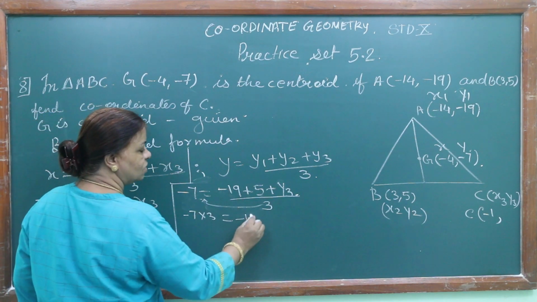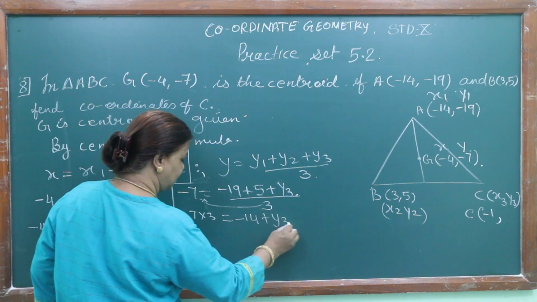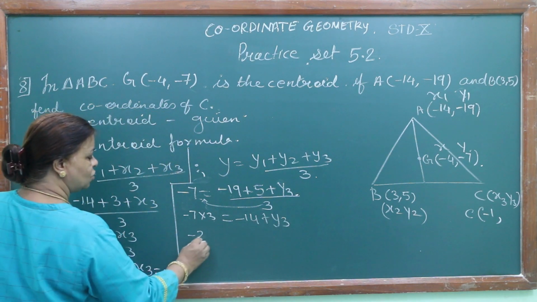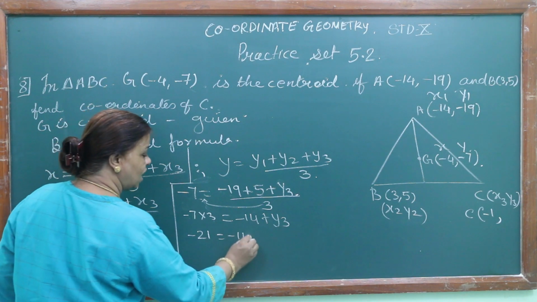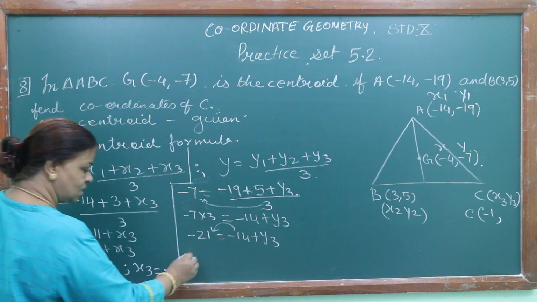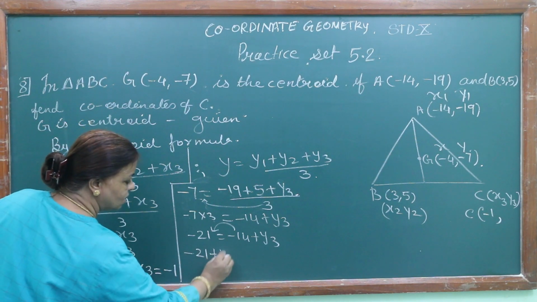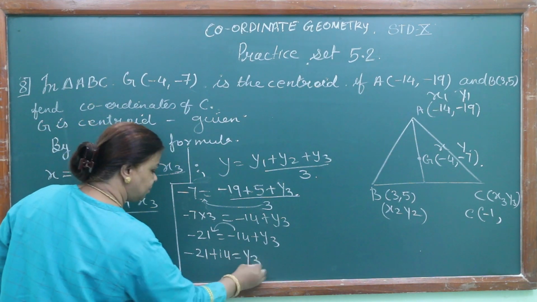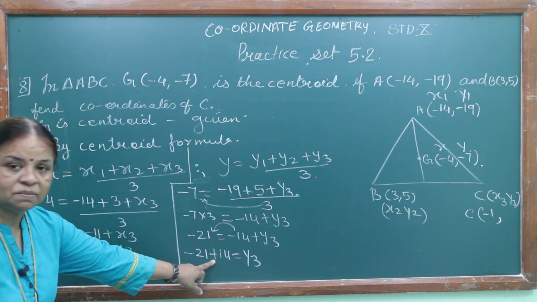It will be -14 plus y3. 7 3s are -21 equal to -14 plus y3. -14 will come and will become plus. -21 plus 14 equal to y3. 1 is minus, 1 is plus.